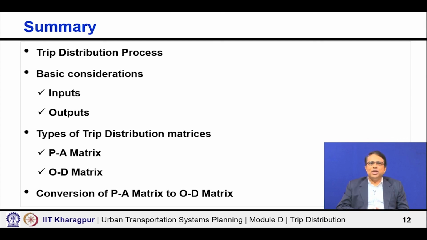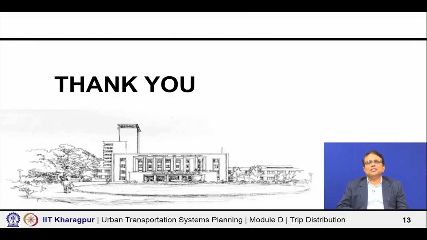And we also said how we can convert the PA matrix to the OD matrix, that means if the production attraction matrix is known, and the percentage of trips actually originating at the production point is known, then we can get the origin destination matrix. So, with this I close this lecture. Thank you so much.